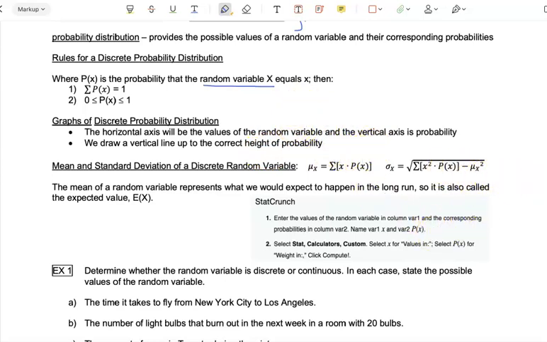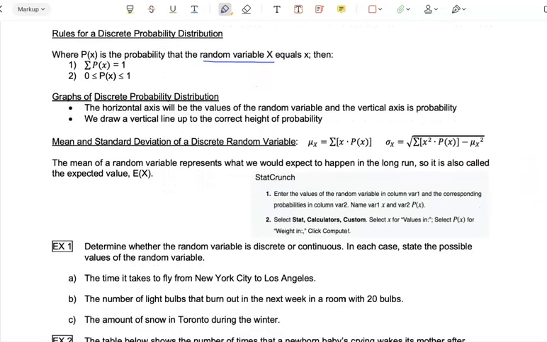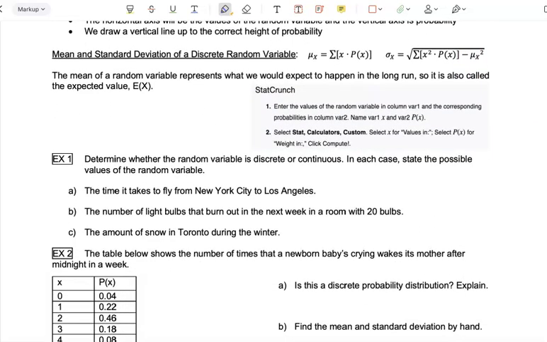These next two formulas are going to be really important for you because you will be asked to calculate the mean of the random variable and the standard deviation of the random variable by hand. We'll do an example of these, but you do need to know how to do this by hand.